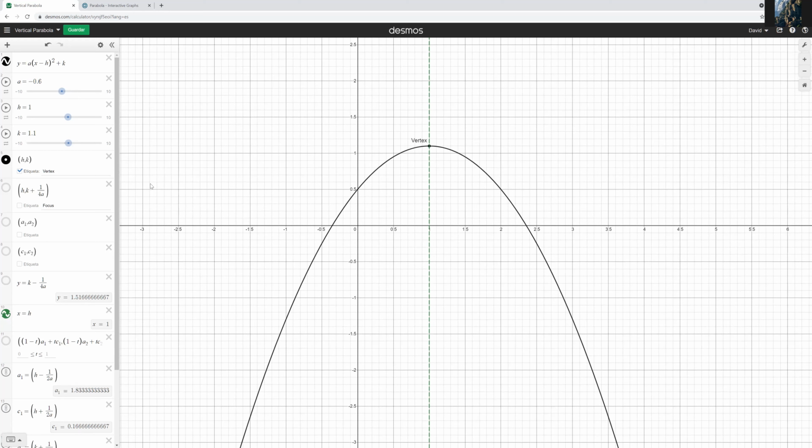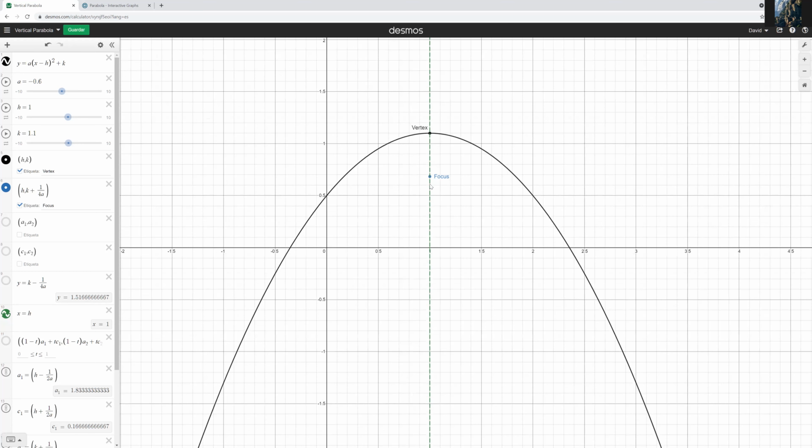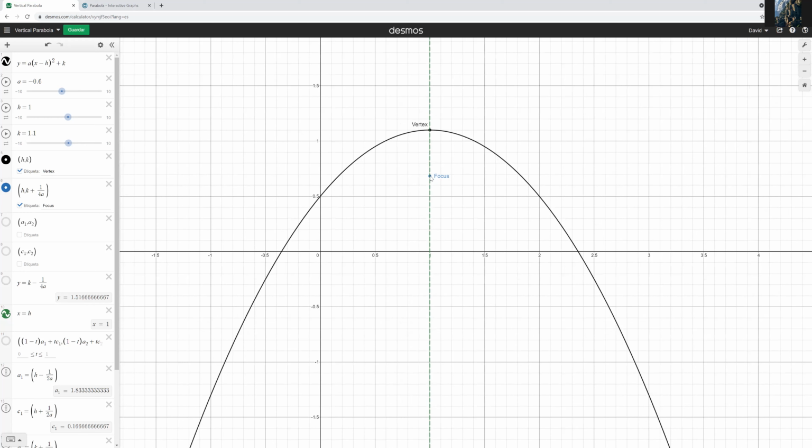Then we have the focus. The focus is a point found on the axis of symmetry. Here it is, this little point. And then the directrix. There we go. It's this line here. And we will see how these two properties are important in a second.